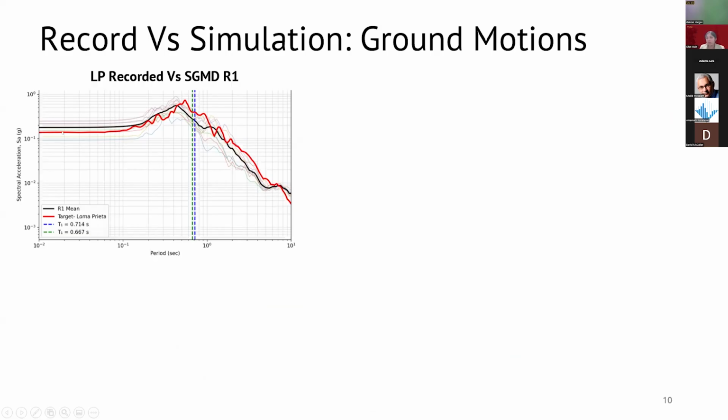So definitely SGMD is giving us realistic responses because it is matching with something that has been recorded. So that's good. Now, the question is whether these realistic input motions are also giving us realistic responses.